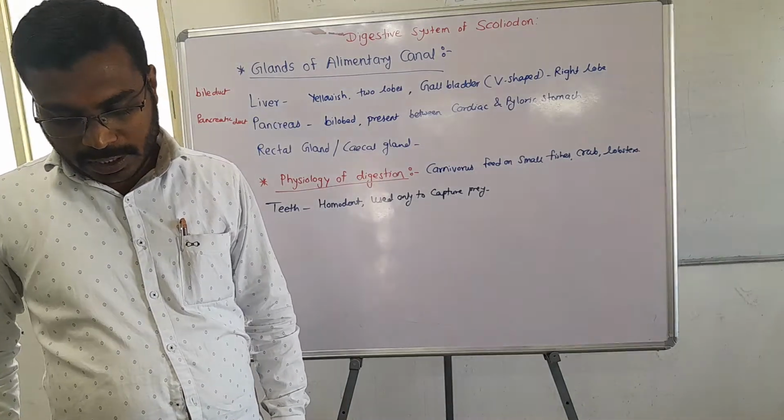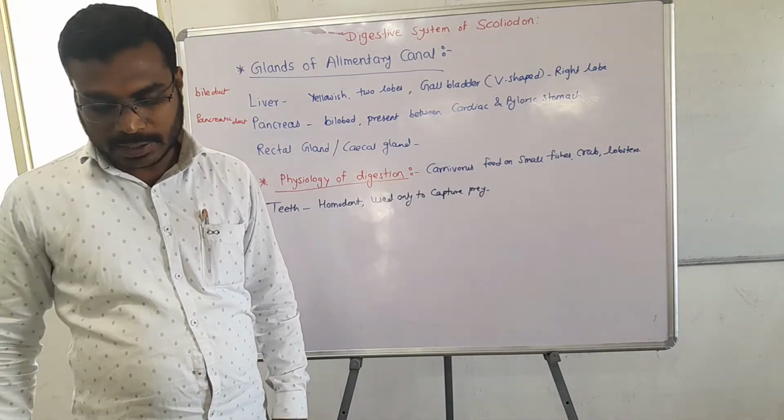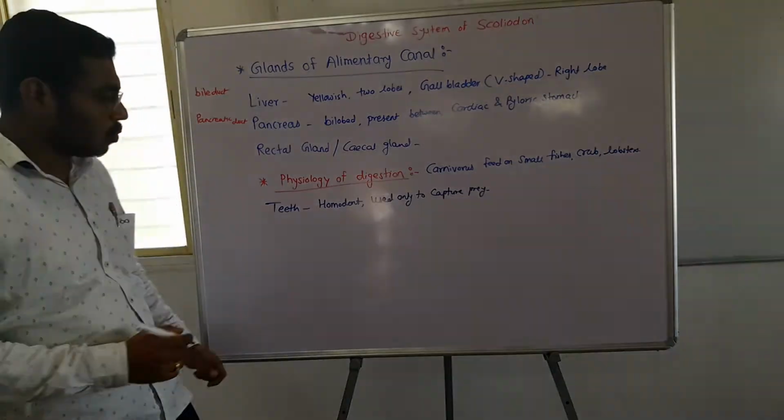The mucous membrane of the cardiac stomach secretes gastric juice.